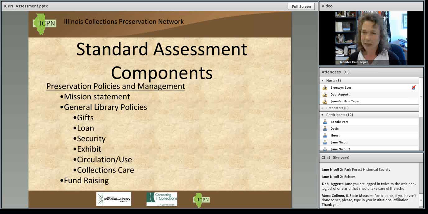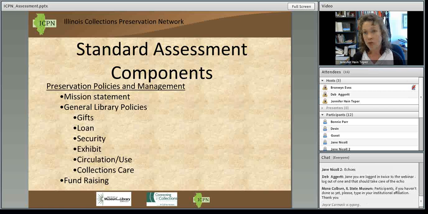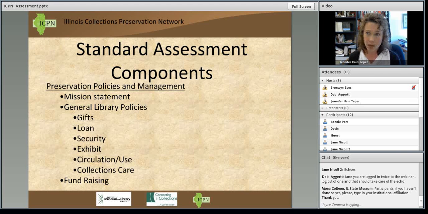What kind of collections care policies do you have in place? And then lastly, what kind of programmatic fundraising do you do? Is it fairly haphazard? Do you have people whose part of their job is to do fundraising? And if so, are they considering preservation in the dialogue they have with donors or foundations or whatever?